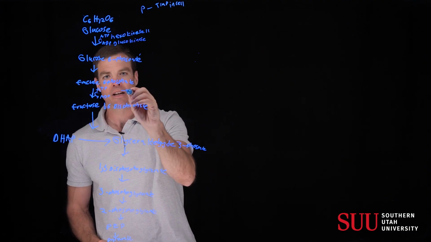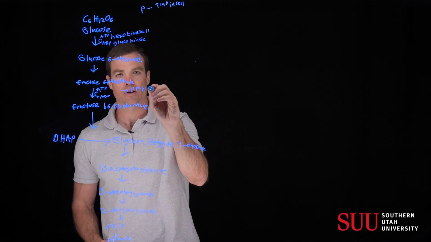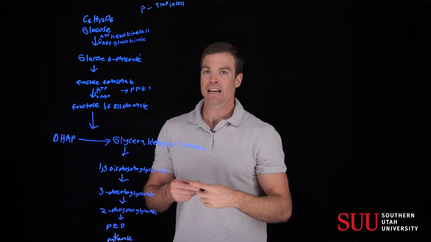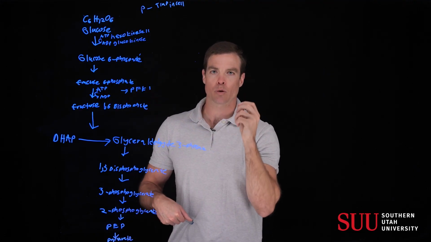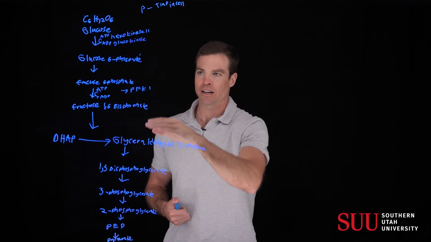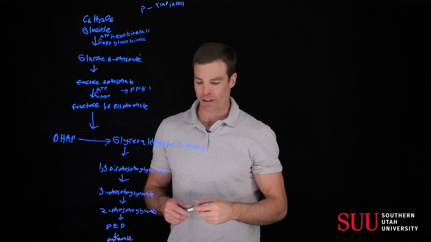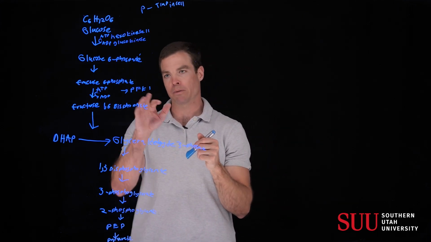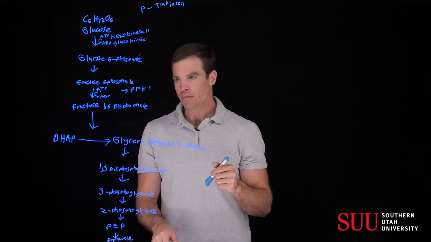And the enzyme that does this is PFK1. All right. Now, PFK1 or phosphofructokinase, this is a very key enzyme. It is a regulatory enzyme because this is the committed step of glycolysis. All right. So this is one you really want to understand, and we'll talk maybe more about that one here in just a little bit. But there's actually 2 enzymes we'll talk about: PFK1 and as well as PFK2.